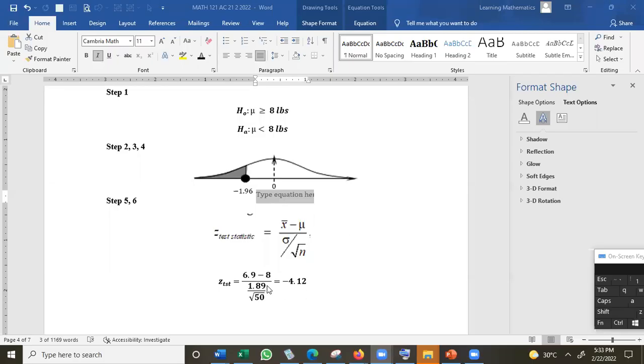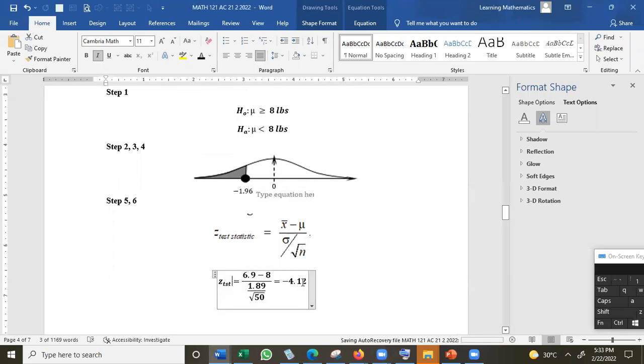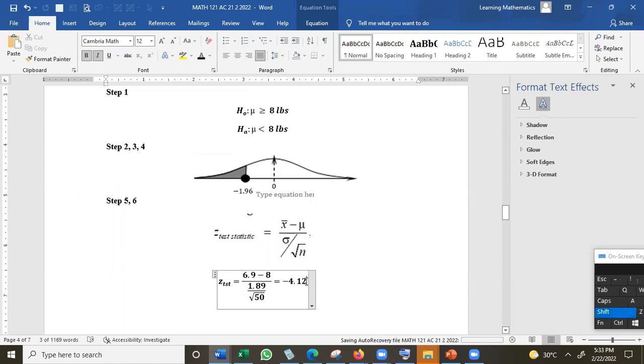Yes, so we're on step number 5 and 6. This z-test statistic, that negative 4.12, we have to plot it on the curve, but we have to be careful where we're putting it, because on the curve there is the critical value already.